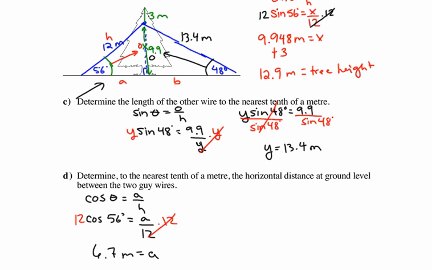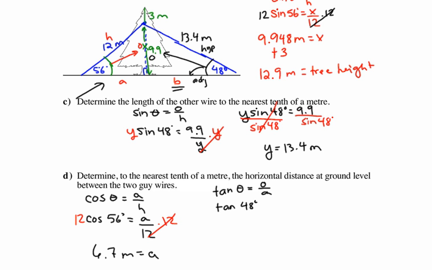And now we have to do the same thing with B. Oh, sorry, we want B, which is our adjacent. And we have our hypotenuse or our opposite, so it's really up to us. They're both calculated, so let's use tan, opposite over adjacent. Tan of our angle is opposite over adjacent.